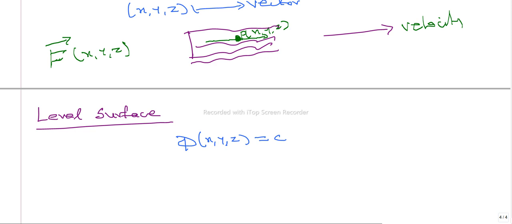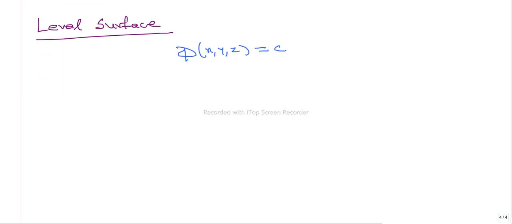Here pi is a scalar point function. This is a level surface.